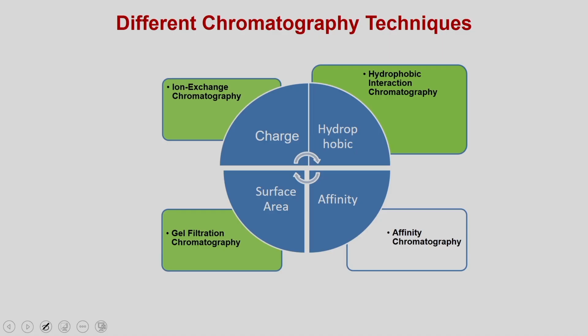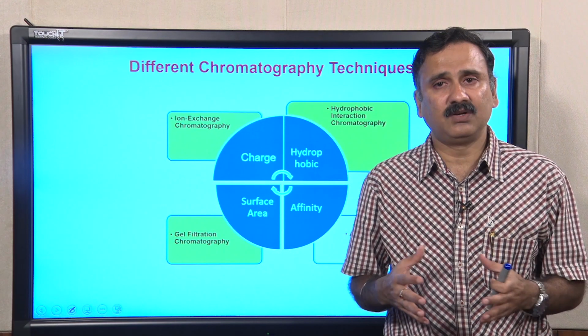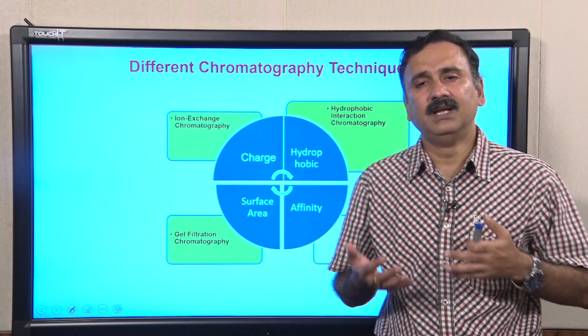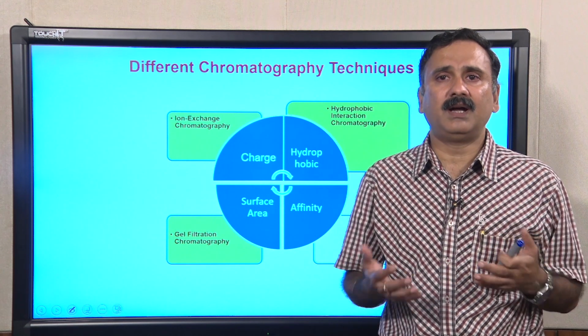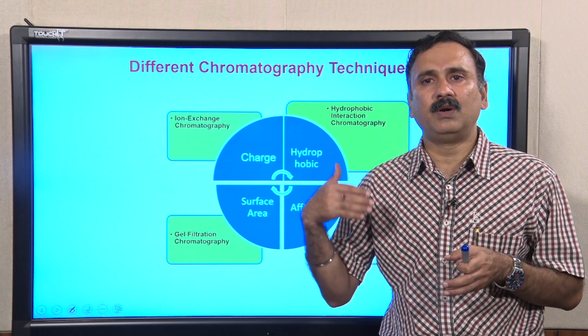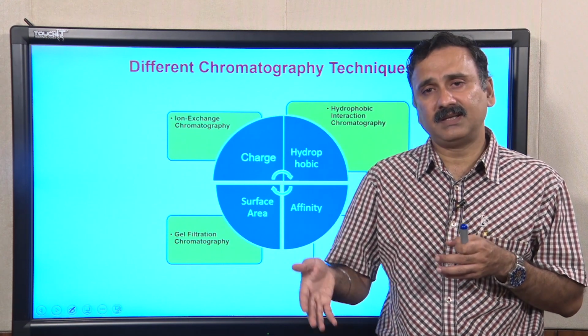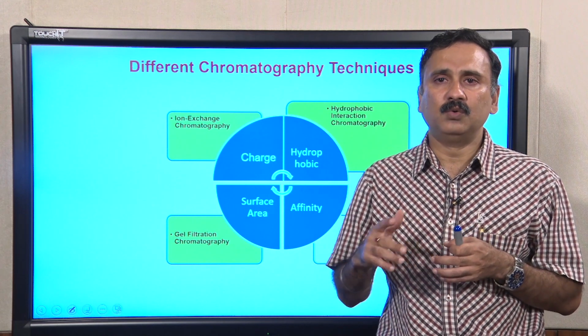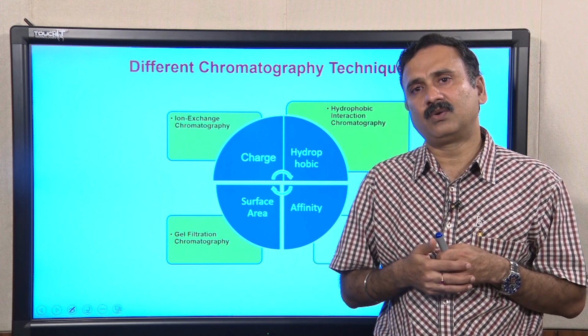So far we have discussed bioaffinity chromatography, how to generate the receptors to prepare an affinity chromatography column, and very briefly we have also discussed the generic steps used to run affinity chromatography.